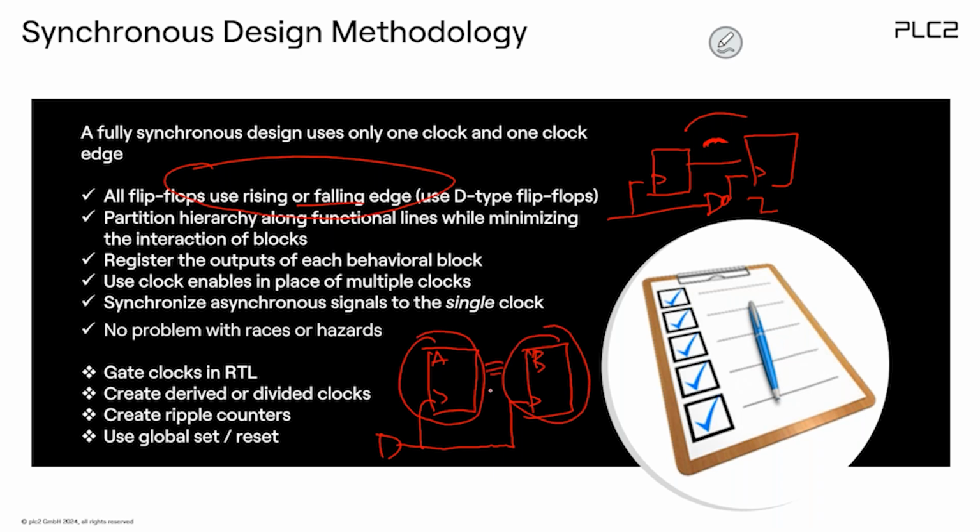Just try to minimize the number of connections here. This helps the tool find a better solution. Also, it's always a good idea to register the output when you're leaving the block. That gives you the best chance to meet your timing.